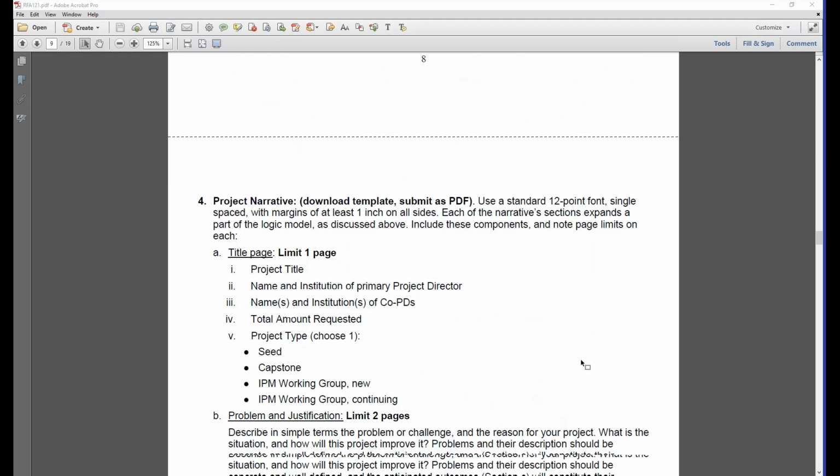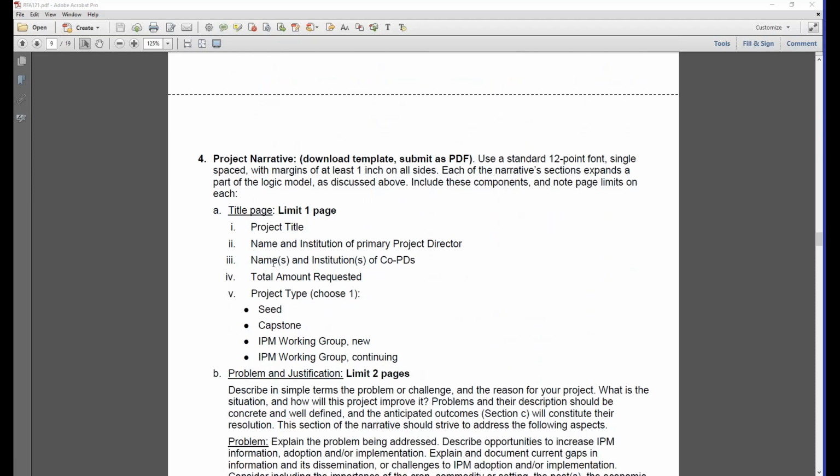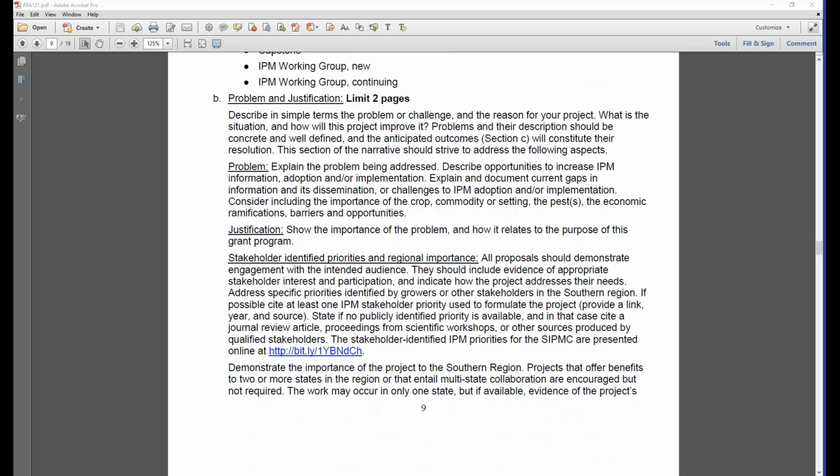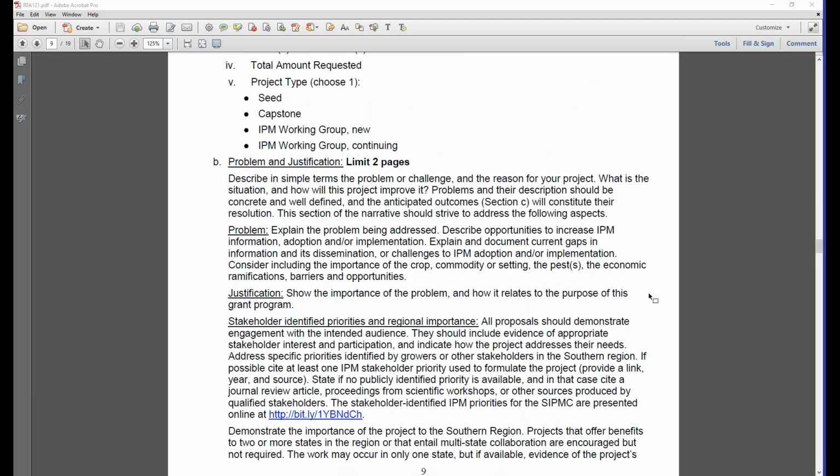So narrative, again, all the elements of the narrative are clearly explained here. Please be careful about the page limits. Many panelists are really quite attentive to you following the exact directions of the RFA, and all of that is quite clear here.